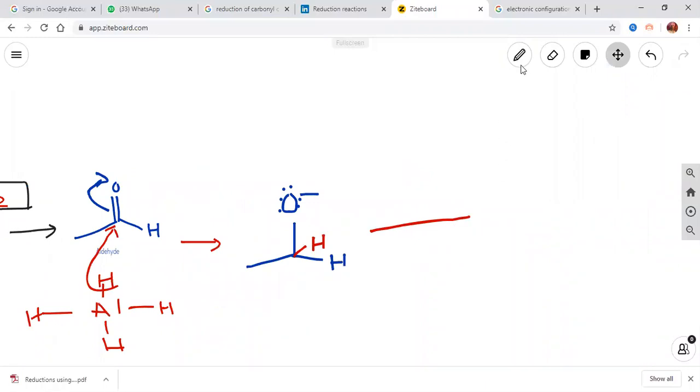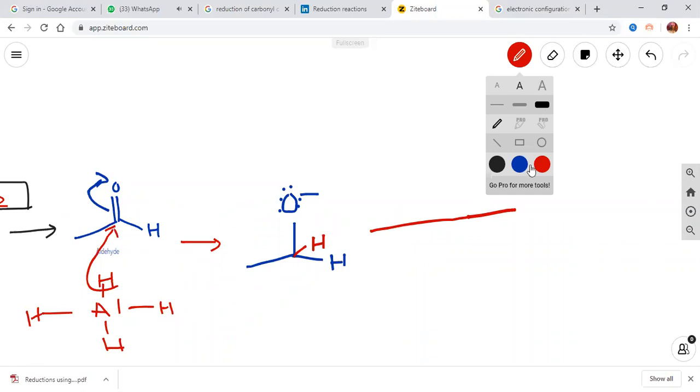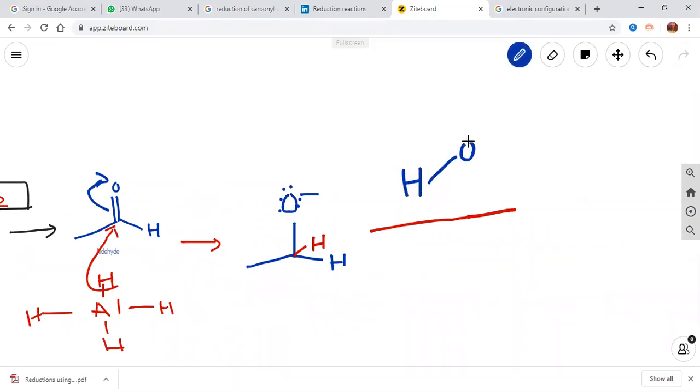In the solution we have hydronium ion with positive charge.